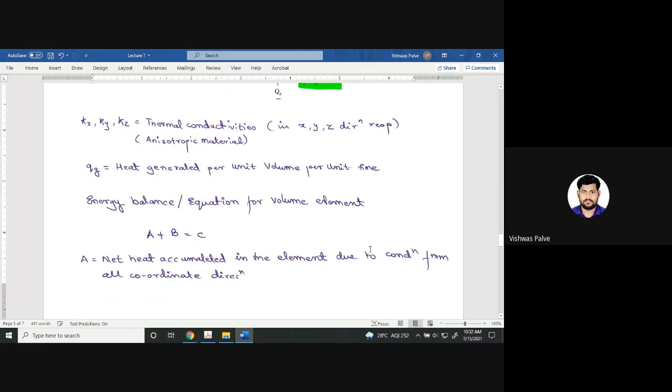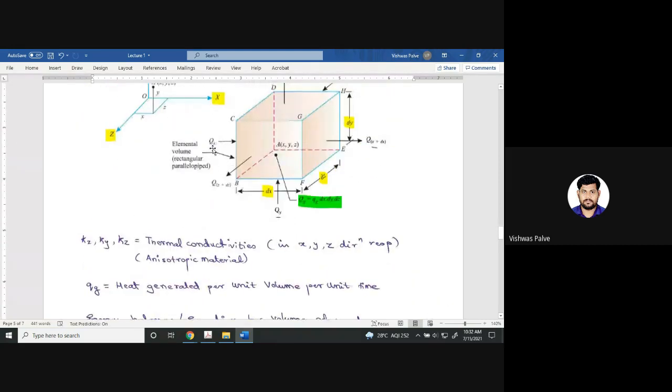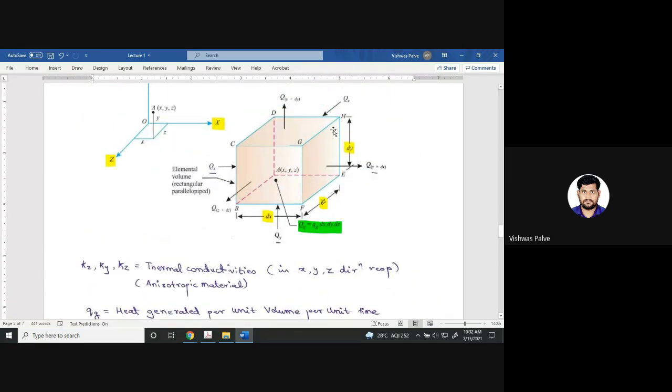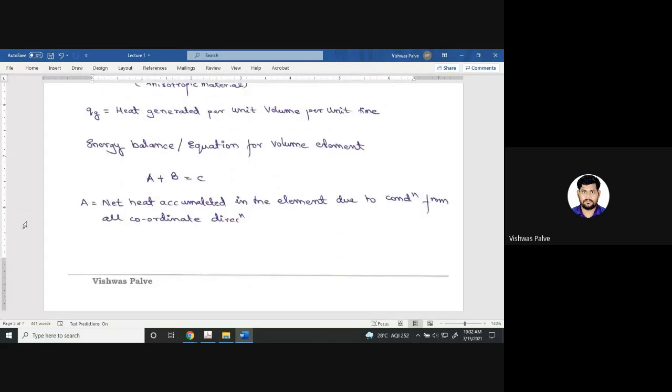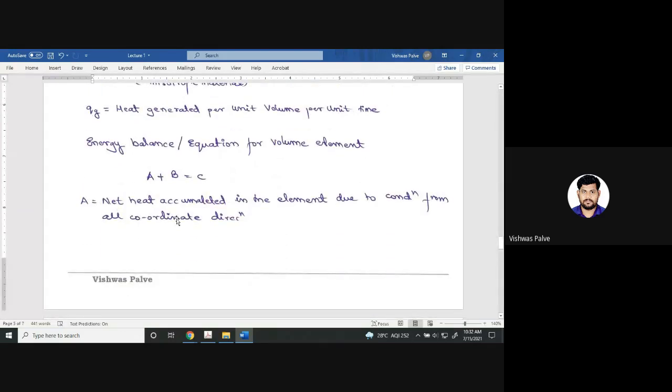Okay. So what is that term? Qx, Qy, and Qz. These are the net heat accumulated. How much is the heat accumulated inside the body? That we are going to find out. The next, term B, is the heat generated within the body. There will be some heat generated, Qg, right?